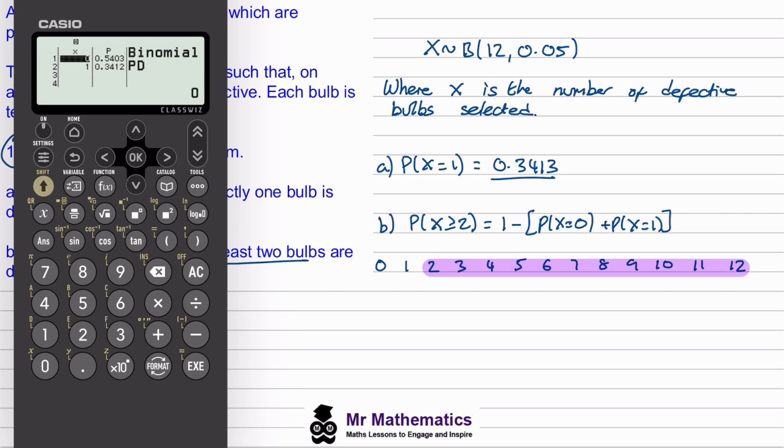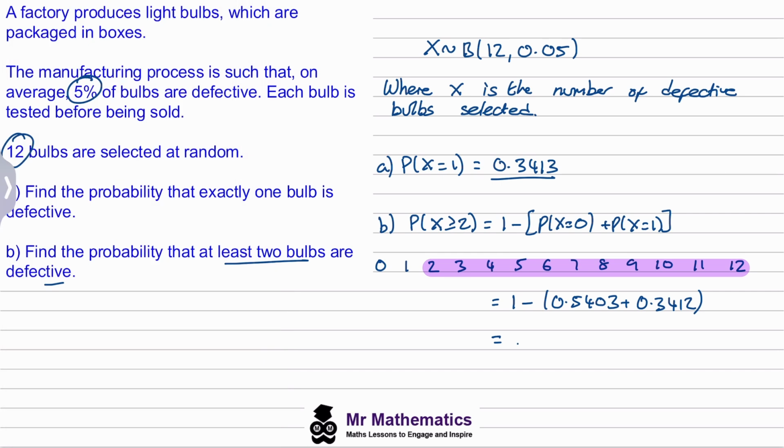So then we've got 1 minus 0.5403 plus the 0.3412. We can work this out and we get 1 minus 0.8816, which is 0.1184. So this is the probability of x being greater than or equal to 2.